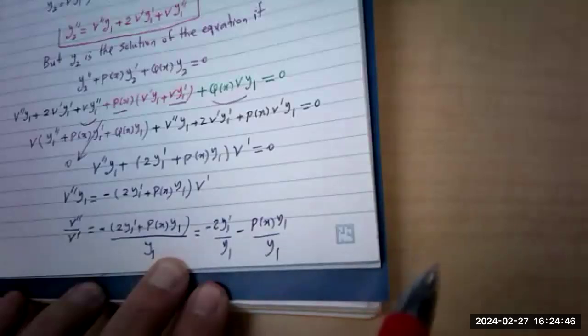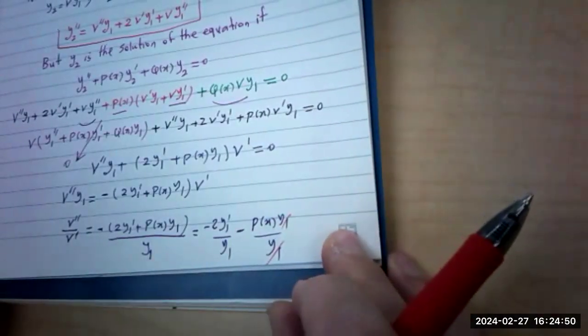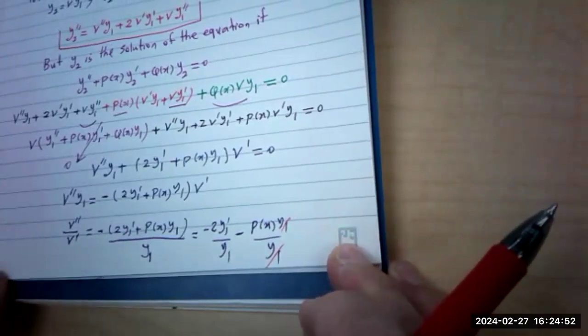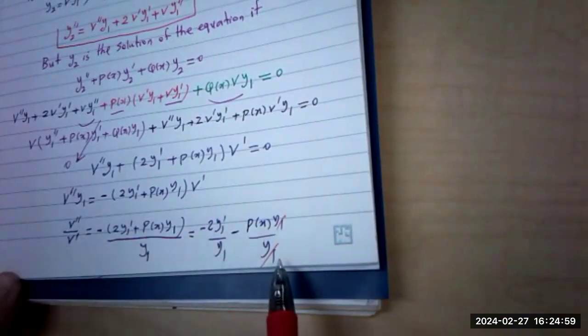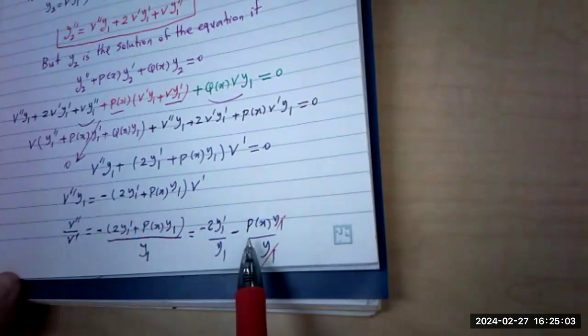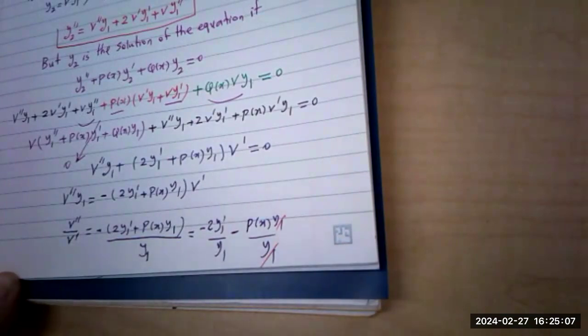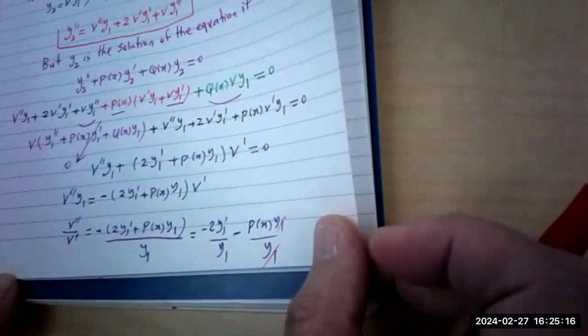So this y1 and y1 will cancel out. So what I'm going to have on the left is v double prime over v prime, all of them functions of x, and on the right, 2y1 prime over y1 minus p(x). Going to integrate it with respect to x on both sides of the equation. That would give you the function if you are interested.